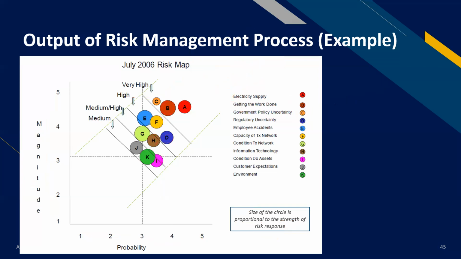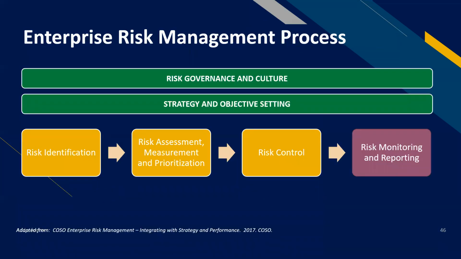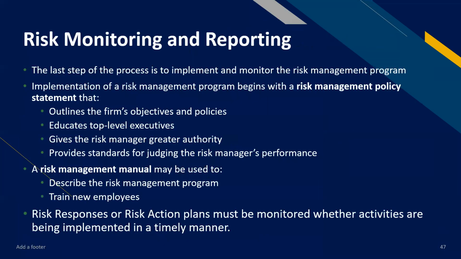Of course, even though that's the outcome, it means that we won't stay there. We need to monitor and to report those risks. So the last step in the process is to monitor the risk management program and the risk management process. Once you have the risk management policy statement, you may want a risk management manual, but at the end of the day, what you want to do is to monitor the risk identified.